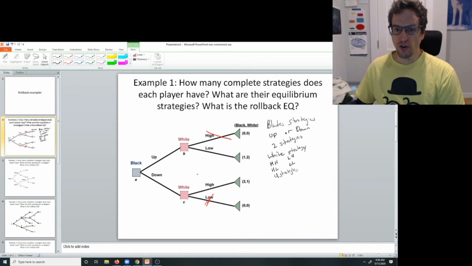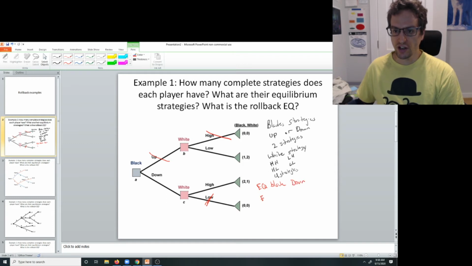We then go further back and compare now. If black goes up, we get a 1-2 payoff, and if black goes down, we get a 2-1 payoff. So 2 is better than 1, so black will go down, knowing that white will pick 2-1. That means the equilibrium strategy for black is just down.